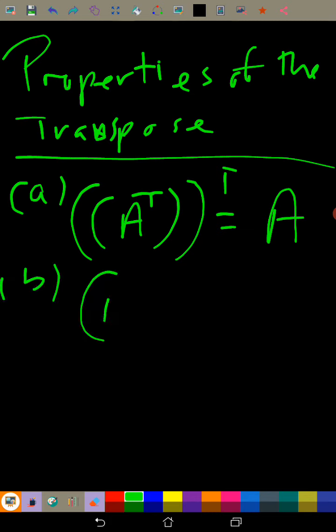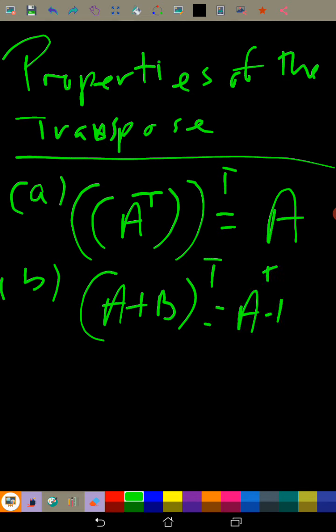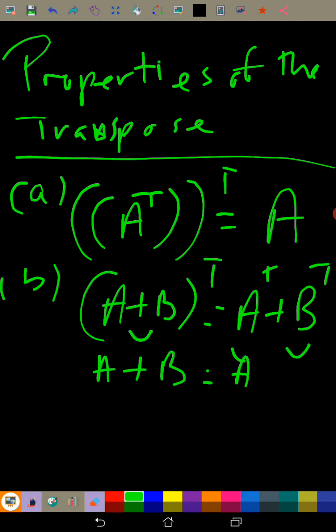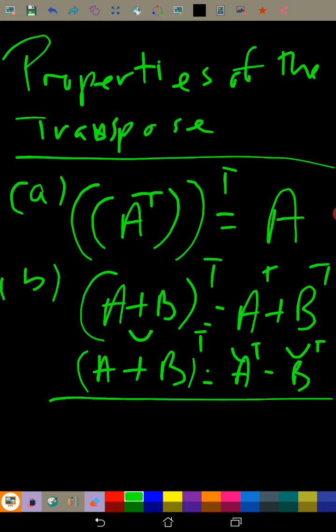Another thing is that if you have an addition of matrices transposed, it's the same as transposing each matrix and then adding them up. It's also true for subtraction. So this is the second property.